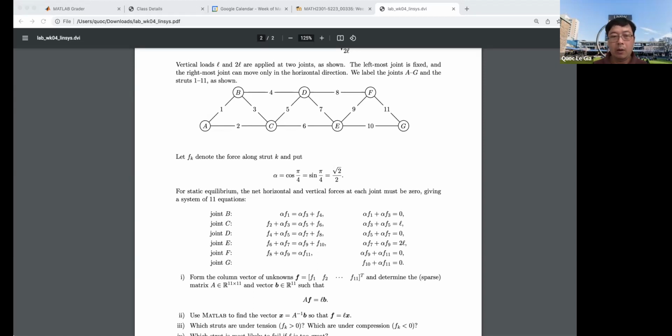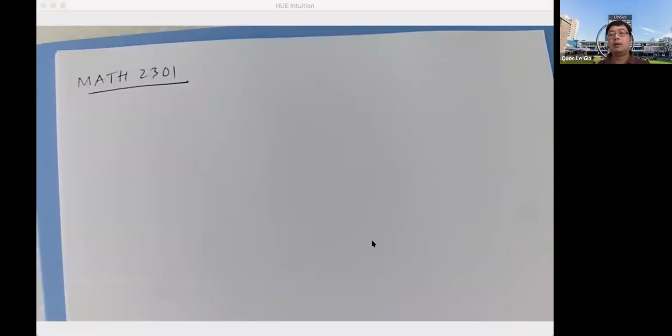Now we are going to write down the equations on paper before I write out the matrix, because it looks easier on a piece of paper. You see now you have 11 equations and 11 unknowns.